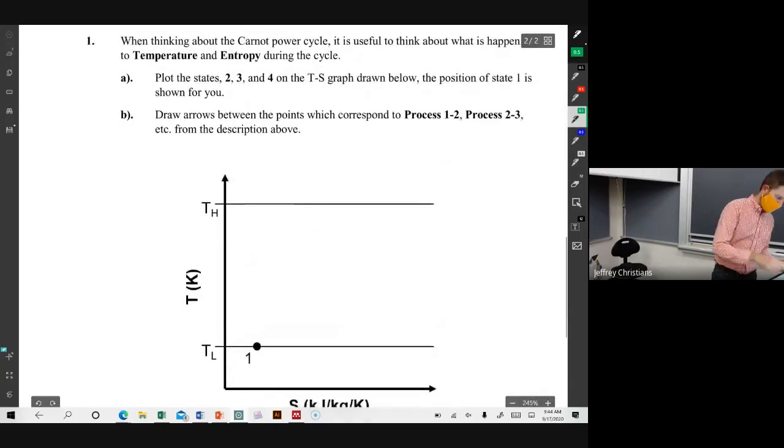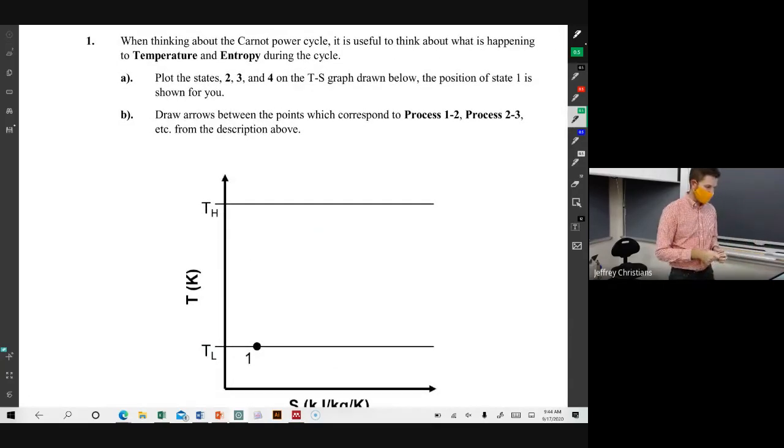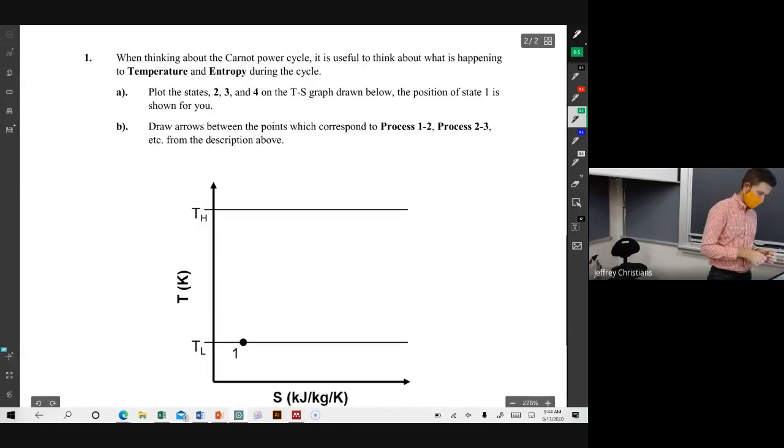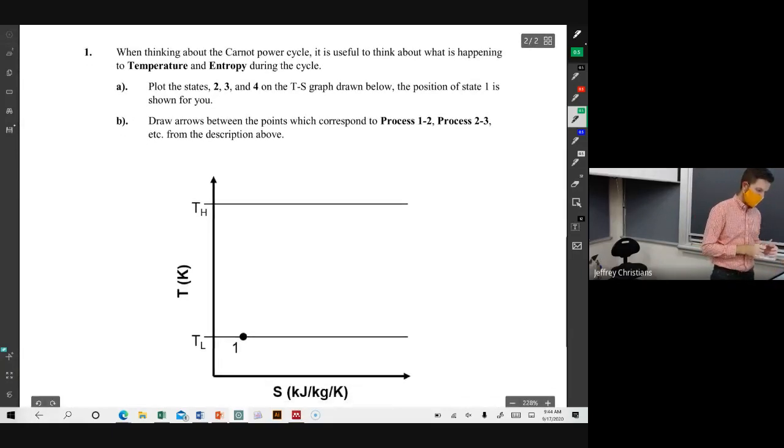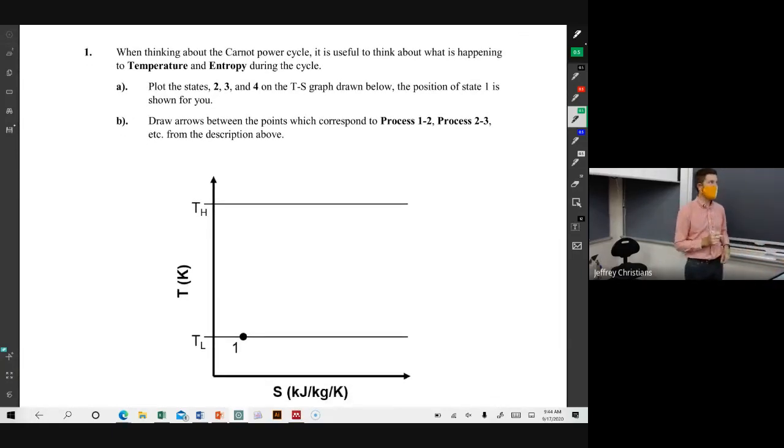So if you flip over, we're going to picture this on a temperature entropy diagram, the same diagram that we drew right at the beginning of class. We said, let's picture a turbine, an ideal and a real turbine, on a temperature entropy diagram.